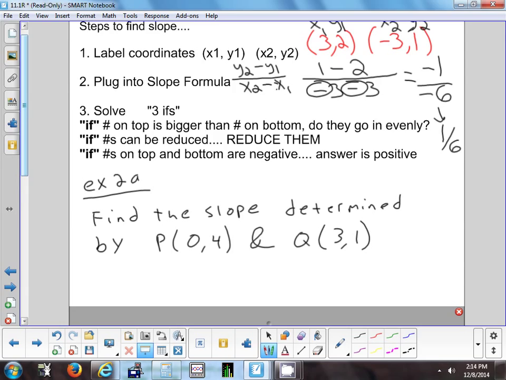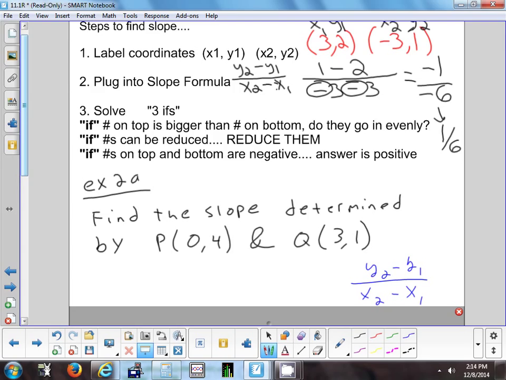So the reason Mr. Ray is having you label, okay, because if you look at your formula, y2 minus y1 over x2 minus x1. How many different things do you have here that you have to fill in numbers for? 4. You have 4 things. How many numbers did I give you in this problem? 0, 4, 3, 1. 4 numbers.